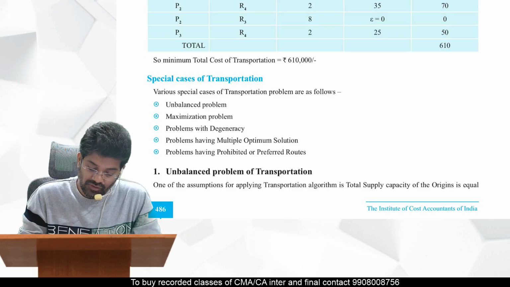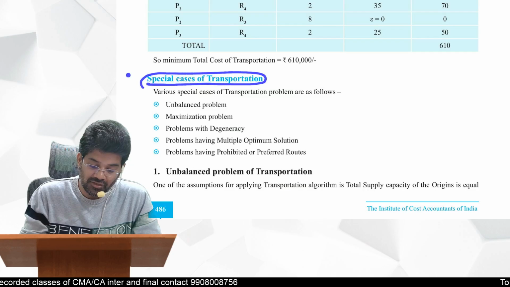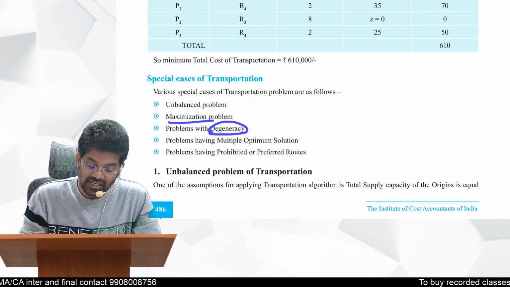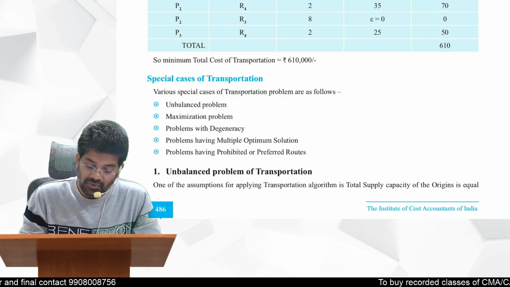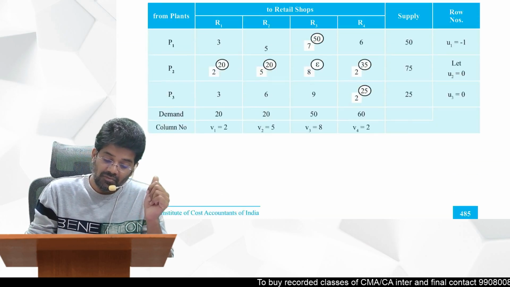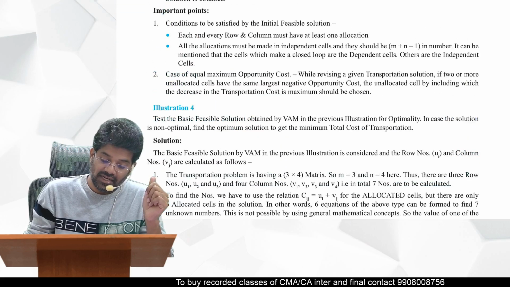So this is one question. You have special cases of transportation also, very important. Unbalanced, maximization, degeneracy, I told you, no, multiple optimum solutions, problems having prohibited or preferred routes.